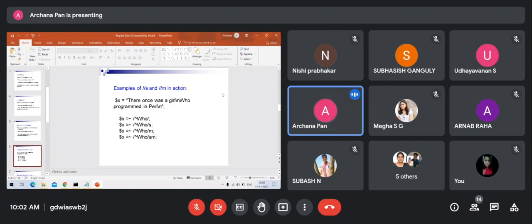We have one scalar: "there once was a girl", then a newline character, "who program in Perl", again a newline character. Now we are using the caret symbol with "who", so we will check whether this pattern is present here or not.